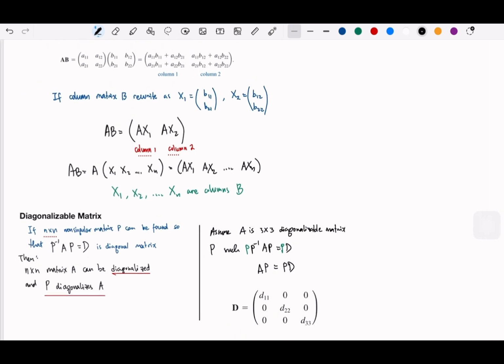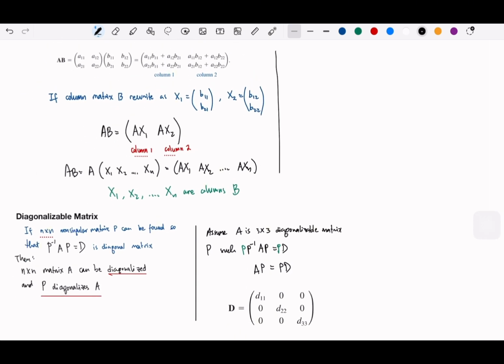Let me write a little bit on the right side here. Okay. So first, if we say that we have P1, P2, P3, these are columns of matrix P, then right here, AP equal PD, we can rewrite this as AP1, AP2, and AP3. Just the same as we did in the first notes here. Very similar.